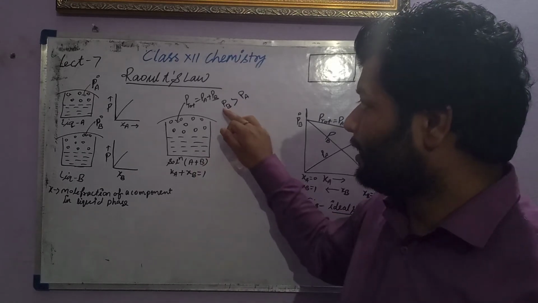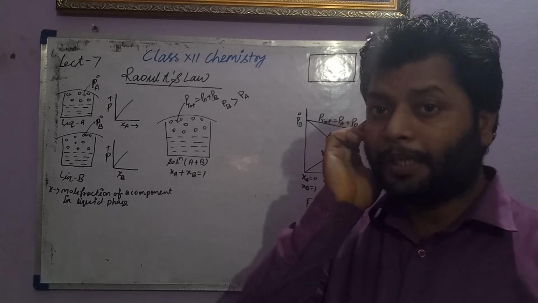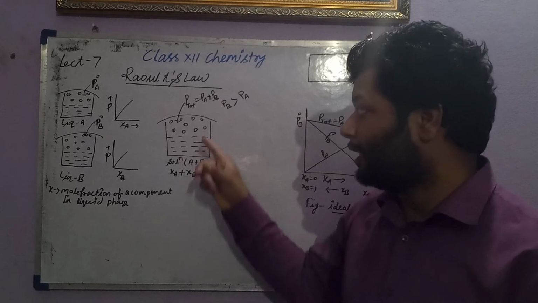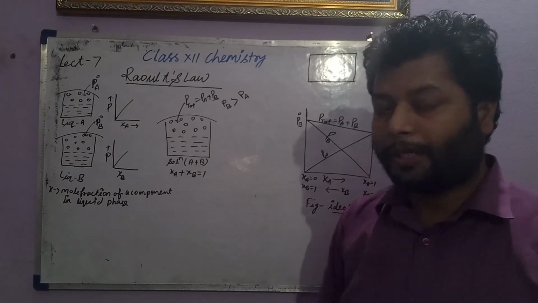That's why the partial pressure of B must be greater than the partial pressure of A, because there is more contribution of vapor of the B component.